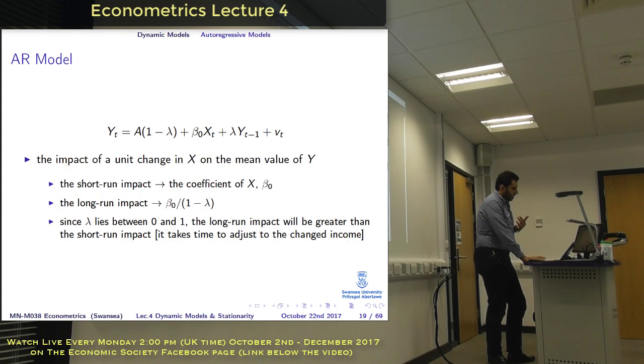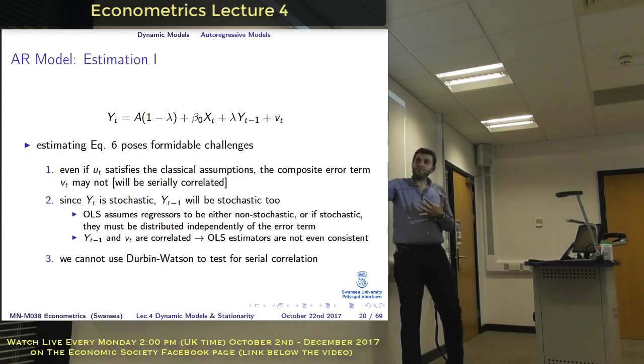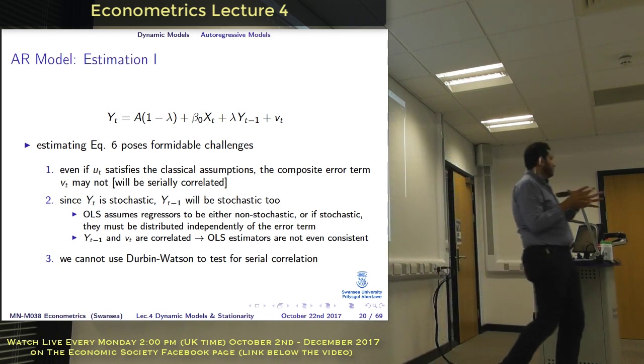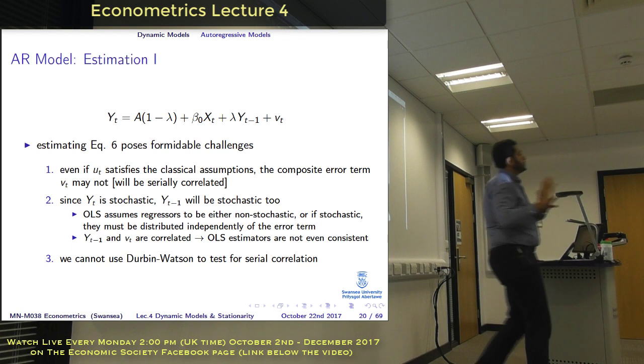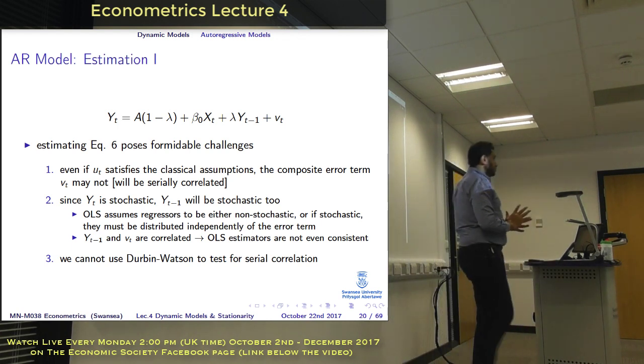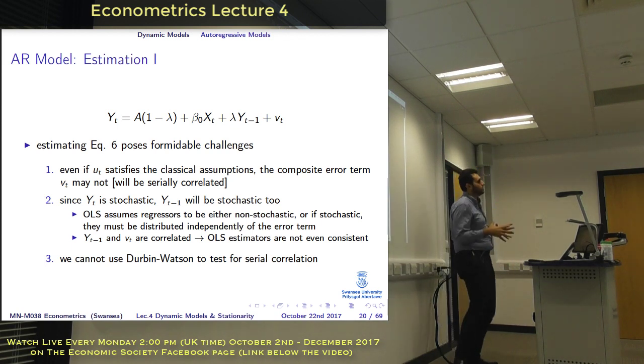Again, this is one of the challenges that we'll face, given that it is likely to be serially correlated. But this is not a big problem because we studied autocorrelation and we know there are ways to deal with it. The main problem here is with YT.